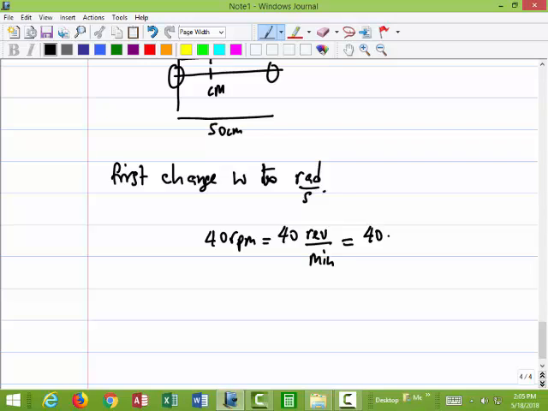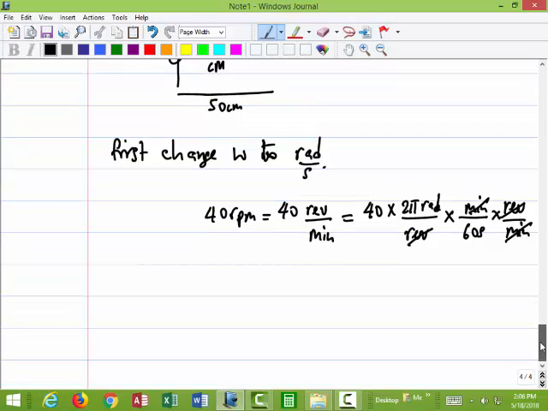So we have 40 revolutions times 2 pi radians per revolution, divided by 60 seconds per minute. The revolutions cancel, and that gives us the angular velocity in radians per second.